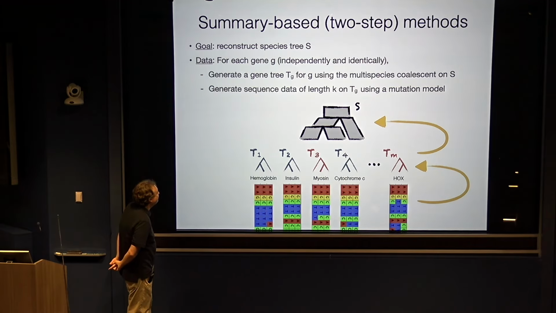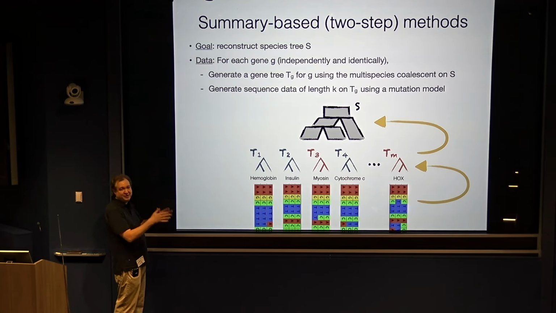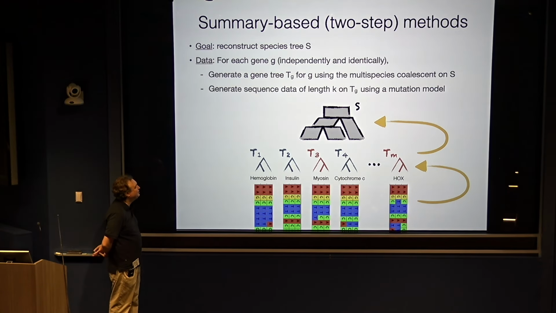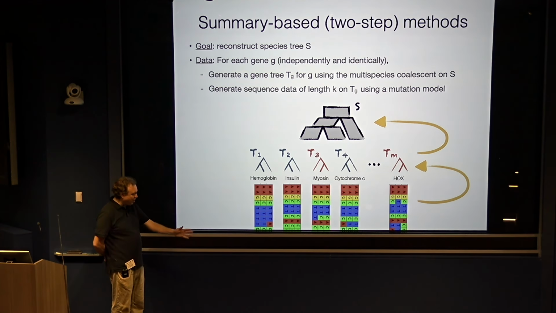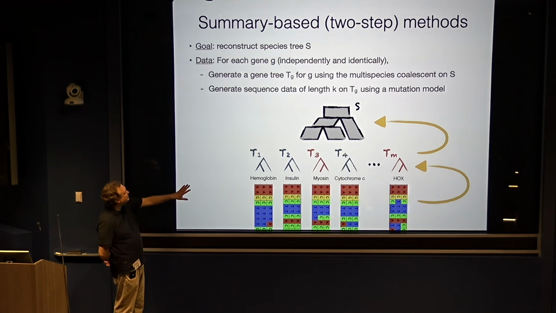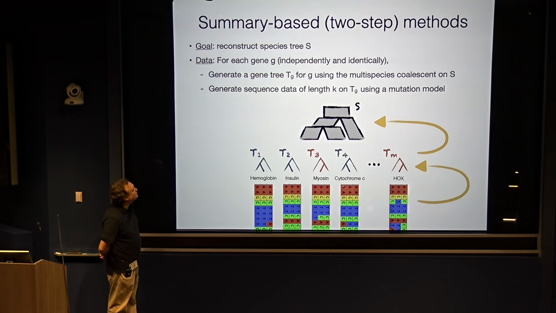So this is definitely going to be an issue. We've assumed here that our genes are independent, but of course that's not going to be true in reality. There's going to be some correlation between things that are close by. From the point of view of the identifiability of this tree, that's not necessarily a problem, because as long as marginally each of these trees has the right distribution, if I have enough of them, I'm going to be able to reconstruct my species tree.